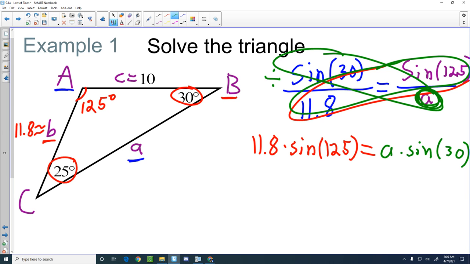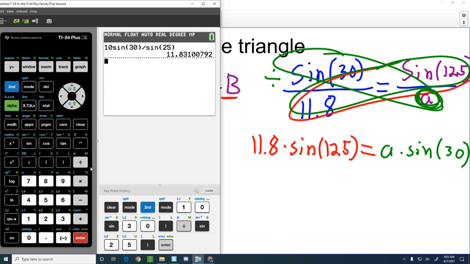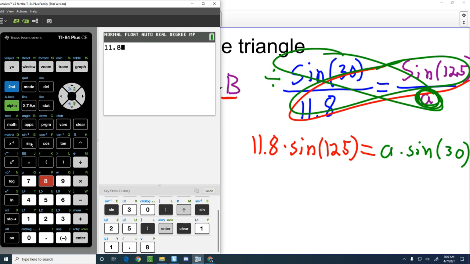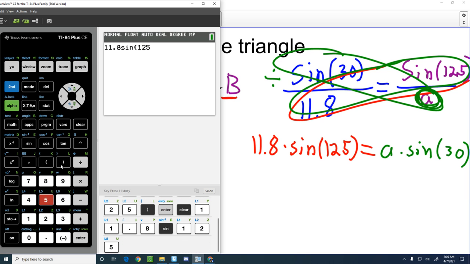We are using cross multiplication and solving, but essentially after I've got the ratio set up, I multiply the two values that are diagonal from each other. So 11.8 times the sine of 125, and then you divide by that one number that gets left out, that's not part of that diagonal. So divided by sine of 30.